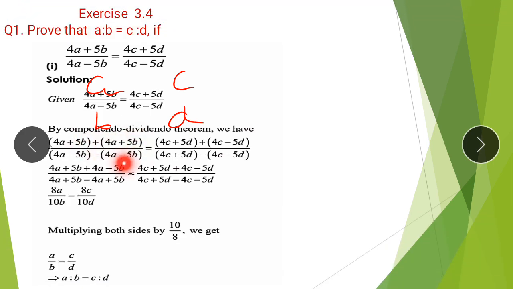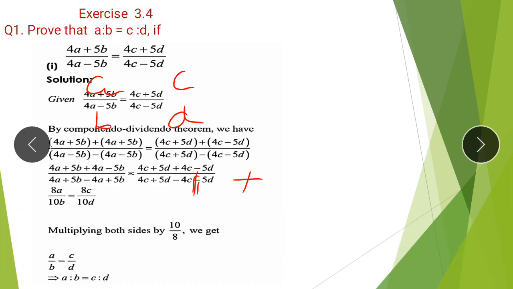Now you can eliminate the brackets, plus sign as it is. Minus means that when it gets multiplied with the terms inside the bracket, the sign will get changed, minus 4a, and minus minus plus, minus 4c, and minus minus plus it will be 5d. Let me rectify the mistake, excuse me, it's a plus sign here.